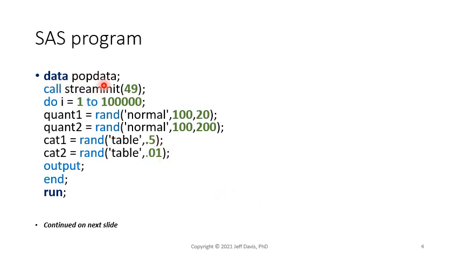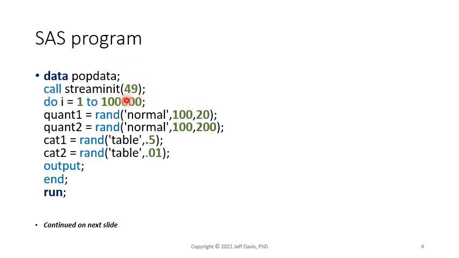So the first thing we're going to do is create a population. We're going to use the statement data pop, population data, and then we're going to say call streaminit.